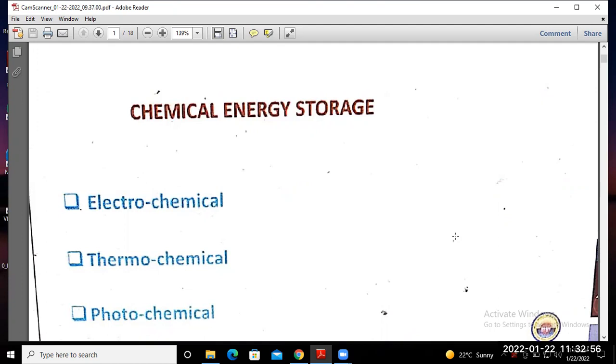So today we will see one by one the electrochemical, thermochemical, and photochemical energy storage systems.